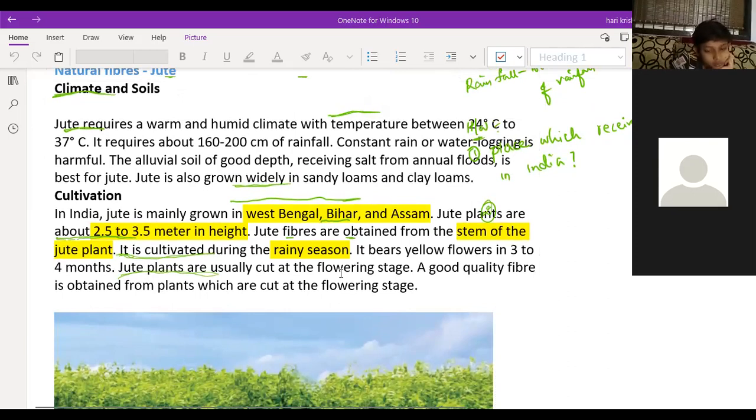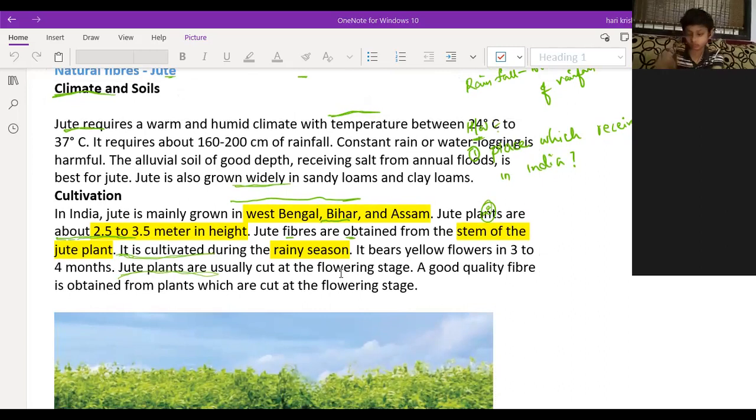Pragna, what are the important points in these two paragraphs? Just read it out. Sir, are you there? I was there. I asked something, right?